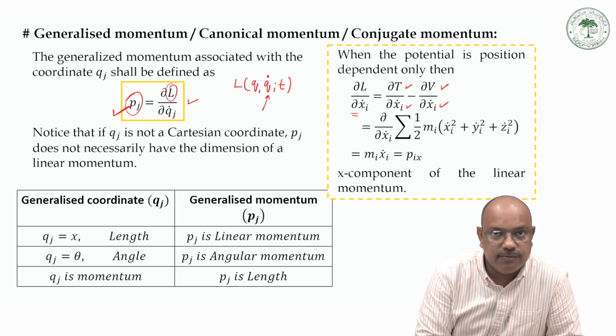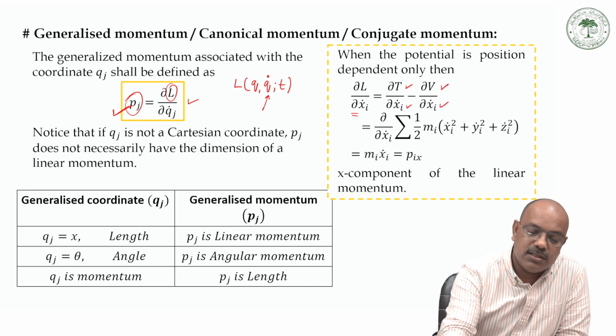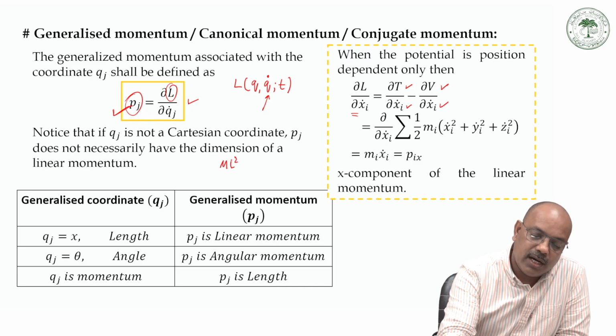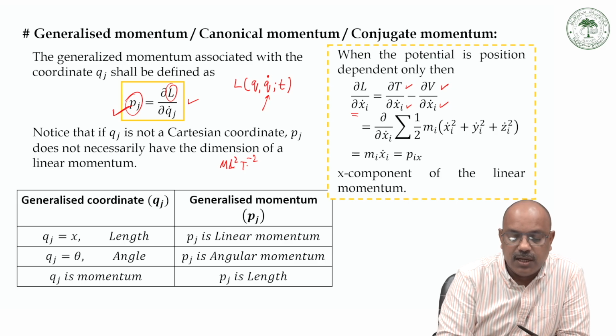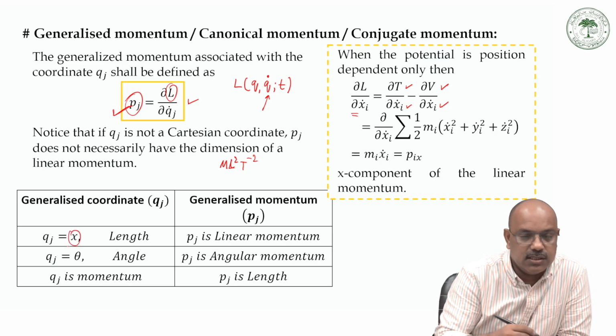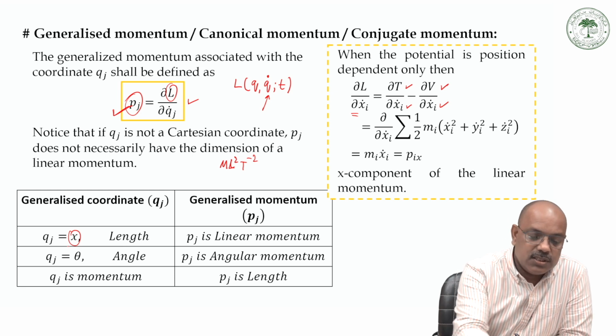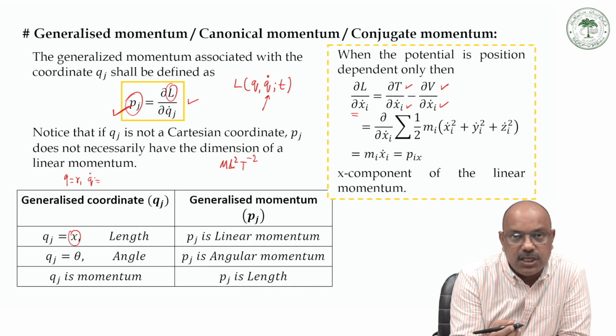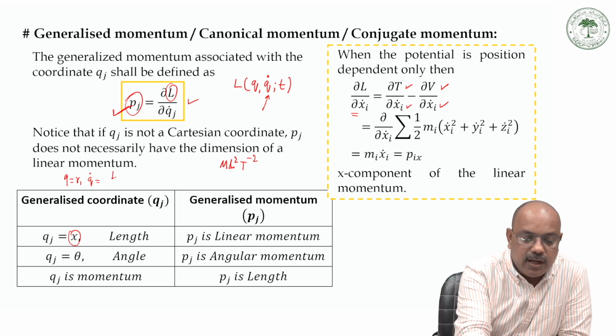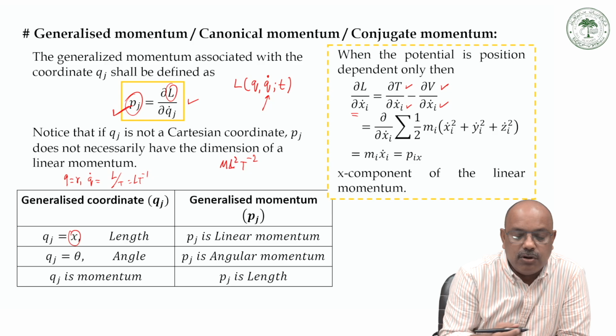In the numerator you have the energy, whose dimension is ML squared T to the minus 2. If the denominator is a length, that is, if q is r, then q dot, since you differentiate with respect to time, has the dimension L T to the minus 1. This is the velocity.